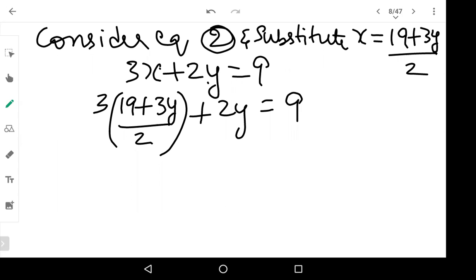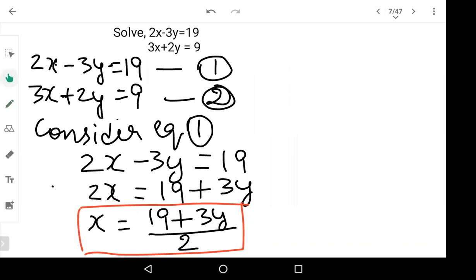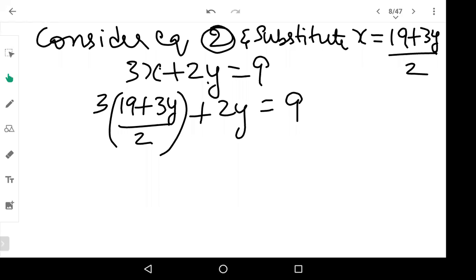In the previous step, I had found out x, and in the next step, I have substituted the whole expression in the place of x. Now let us simplify this complete expression.